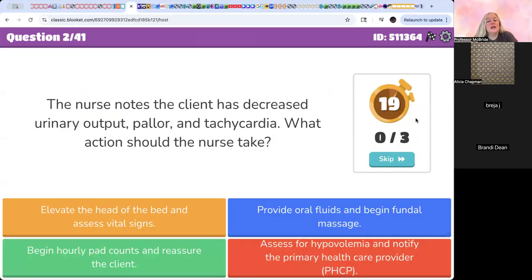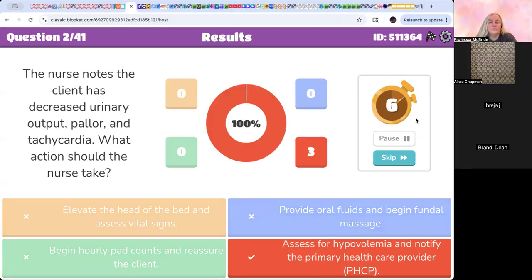The nurse notes the client has decreased urinary output, pallor, and tachycardia. What action should the nurse take? What do we think of decreased urinary output, pallor, and tachycardia?